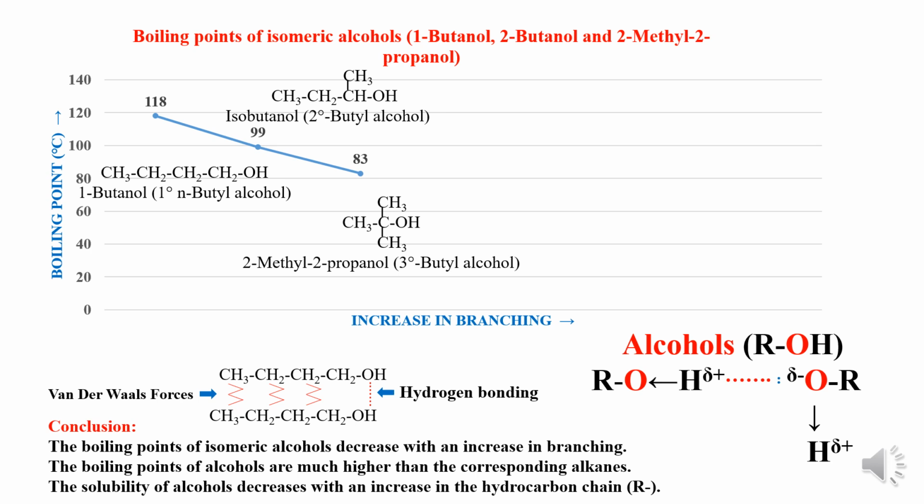One is the van der Waals force, the other is hydrogen bonding. Therefore, the boiling points of alcohols are much higher than the corresponding alkanes. Another aspect is that the solubility of alcohols decreases with increase in the hydrocarbon chain. So as the hydrocarbon chain increases, the solubility decreases.